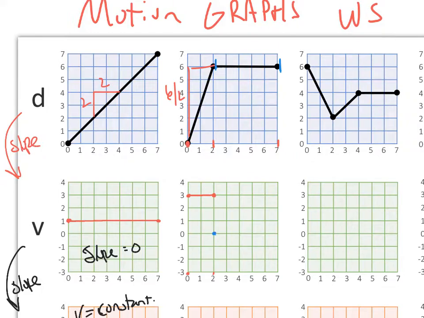I'm going to go and plot 0 all the way to the end of that interval at 7. And I'm simply going to connect these lines. Now, this is an ideal kind of transfer from one motion to the next. I'll explain that a little bit later, but we're just going to be taking a look at these ideal changes. So you're going to have very sharp edges. In real life, they would be more curved, but we're just going to be taking a look at the ideal motion.